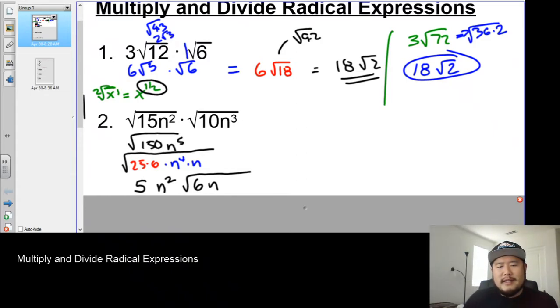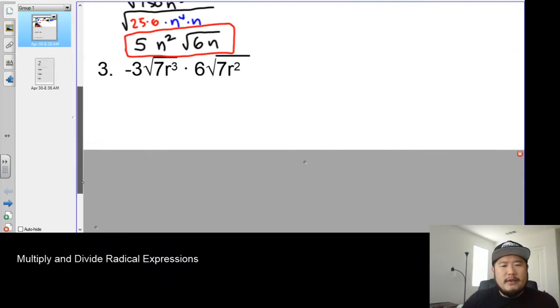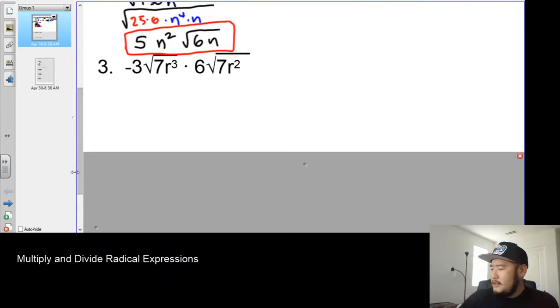And what's left inside is the n. And that is the simplified version of what we have here. If you find that you have a lot of difficulty with this, make sure you come to office hours and we can work that out together.